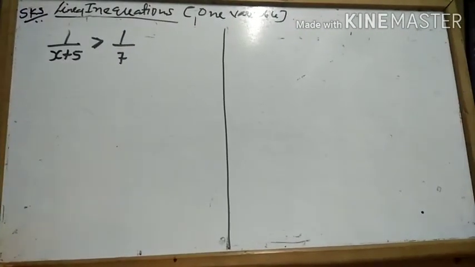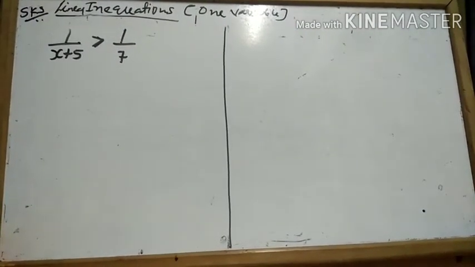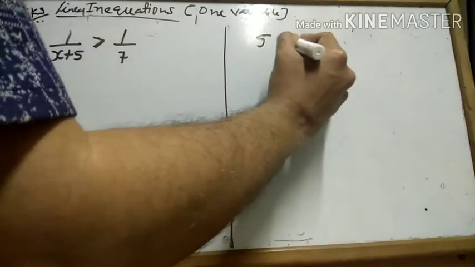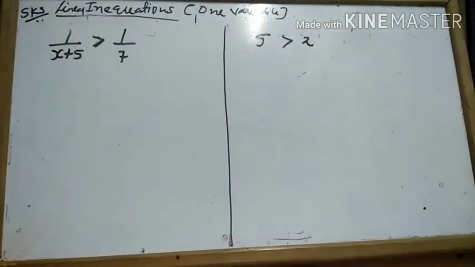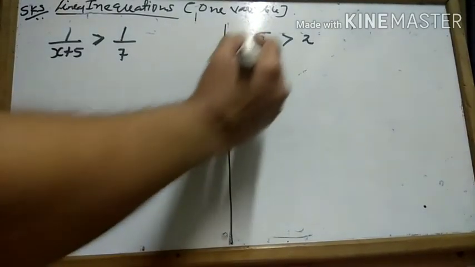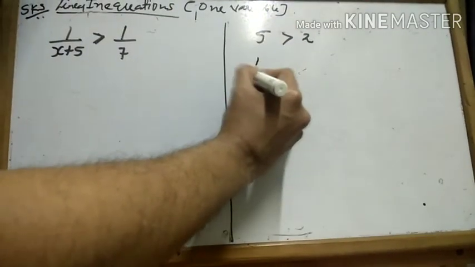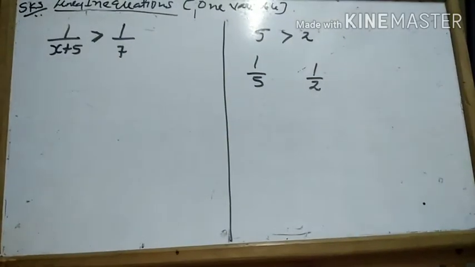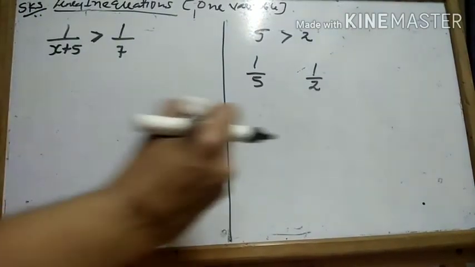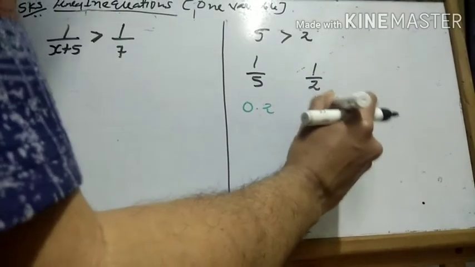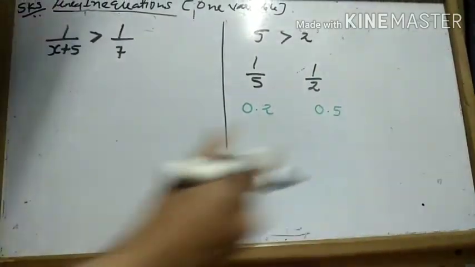We shall understand the next rule of inequations whenever you are solving inequations. Say for example 5 is greater than 2. I am taking multiplicative inverse of both sides. So this will become 1 over 5, and here it will become 1 upon 2. And my dear friends, the value of 1 upon 5 will be 0.2, and the value of 1 upon 2 is 0.5.